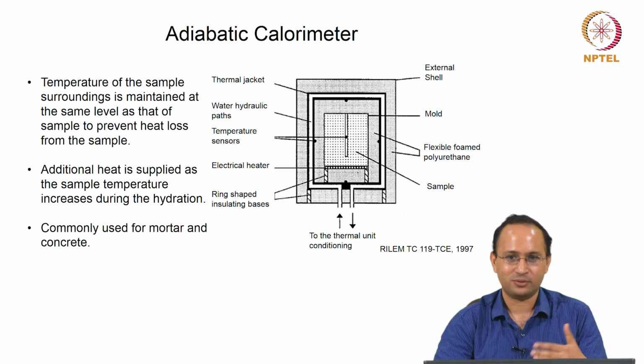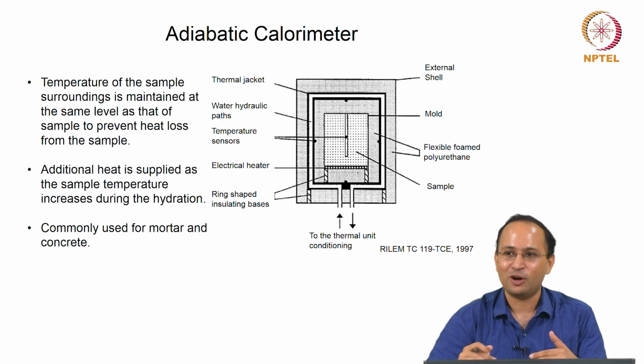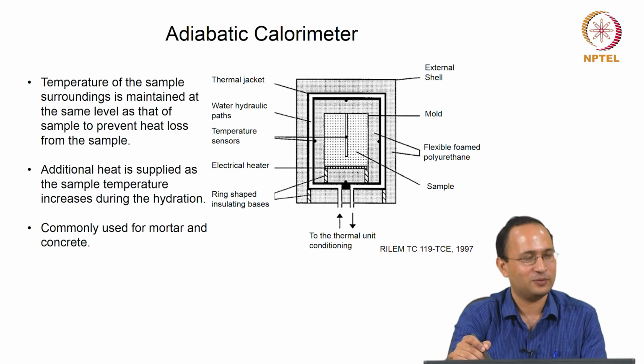Suppose cement is hydrating, your temperature is going up to 40, 50 degrees Celsius, then you have to raise the temperature. So, here is the schematic of this for an example, right.